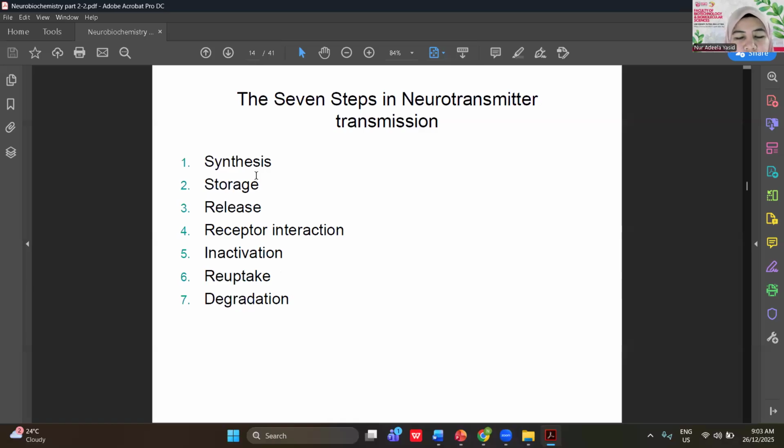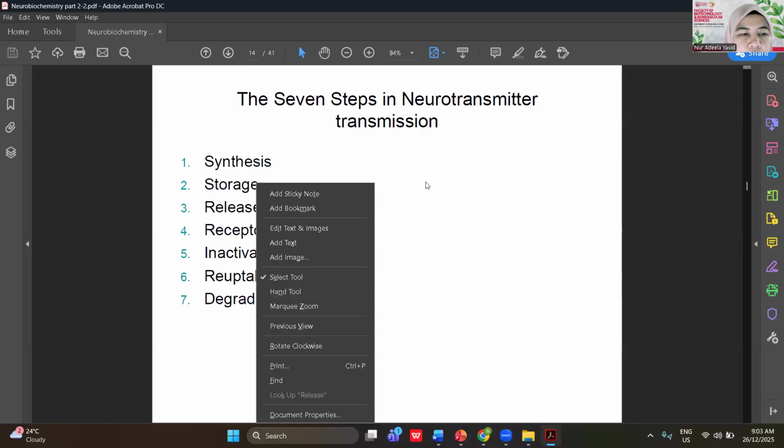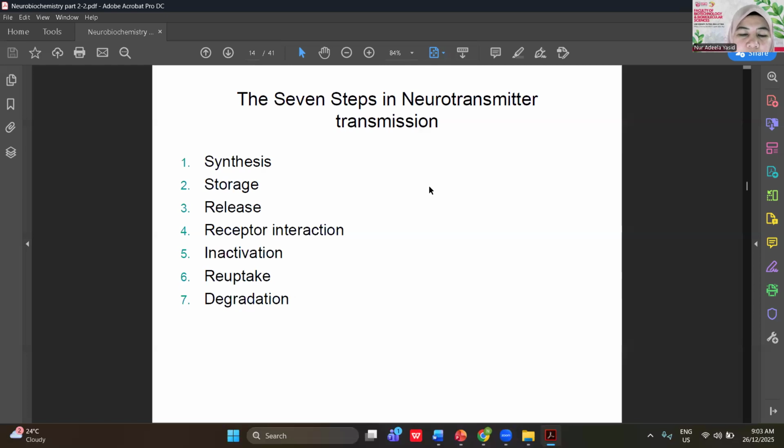For storage, neurotransmitters are stored in synaptic vesicles within the presynaptic terminal until needed. Then release: upon arrival of an action potential, calcium influx triggers the fusion of synaptic vesicles with the presynaptic membrane, releasing neurotransmitters into the synaptic cleft.